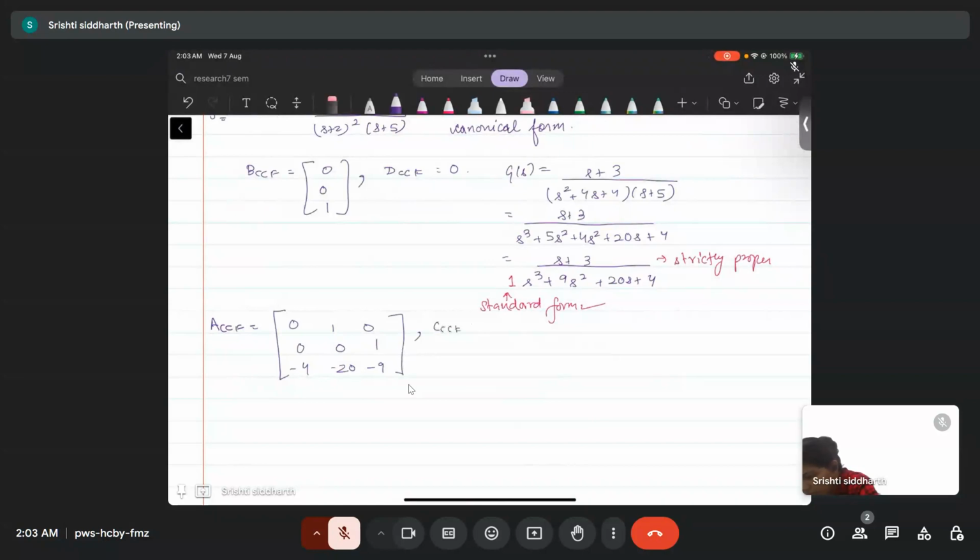So 3, 1, and 0. So just see that this is 0 square. So don't forget this one. Just remember this is going to be a 1 by 3 vector.